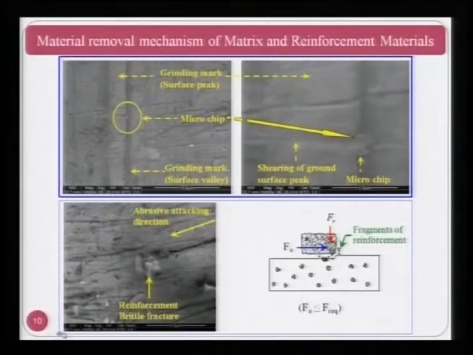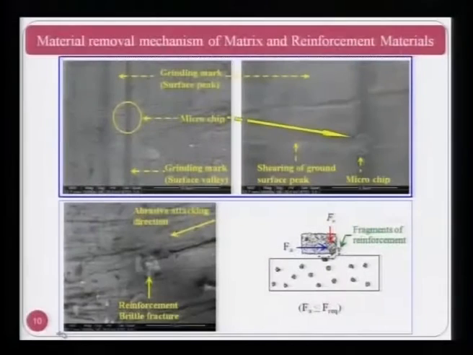The case of metal matrix composite finishing is slightly different from normal alloy or pure metal finishing, because here the reinforcement has very different properties compared to the matrix or base material. That is why you will see a difference in the mechanism of material removal.